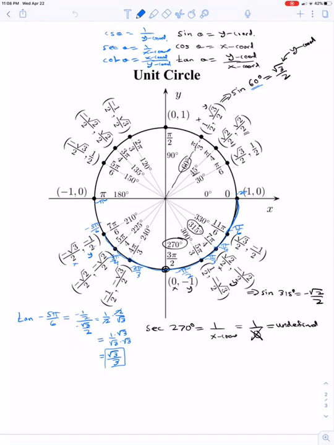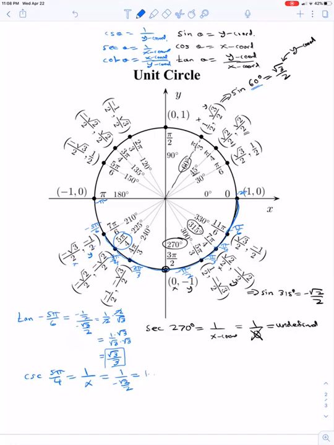But with this one, as we're looking at 5 pi over 4, we're in quad 3. So we see our coordinates are both negative. It's a quad 3 point. So here's 5 pi over 4. Cosecant of 5 pi over 4 is equal to 1 divided by the y-coordinate, which is 1 divided by negative square root of 2 over 2, which equals what?